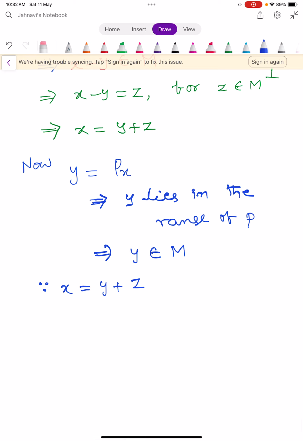In this expression y belongs to capital M and z belongs to M orthogonal. Yes, am I right?